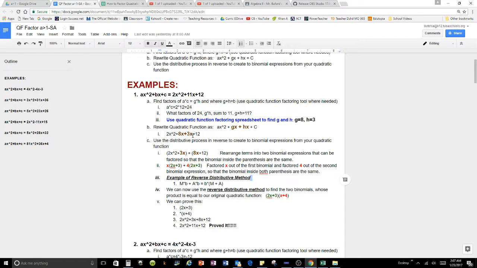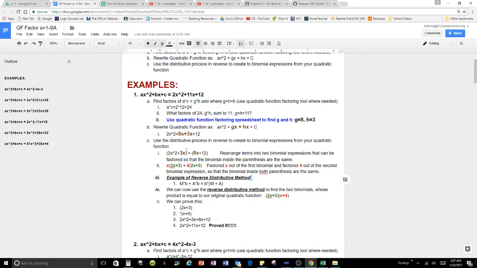So you can see it's basically the same equation. 2x squared plus 8x plus 3x plus 12, where 8x plus 3x is really 11x. So we really have the same function, but now we've broken it up into two pieces, and this will allow us to group them differently.